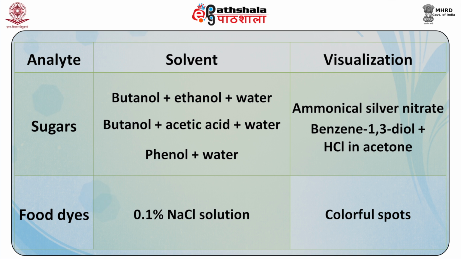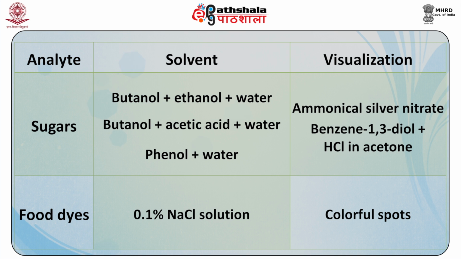The solvents required for this category are butanol with ethanol and water, butanol with acetic acid and water, and phenol with water. The visualization reagents that can be used for this class are ammoniacal silver nitrate, benzene-1,3-diol with HCl and acetone.